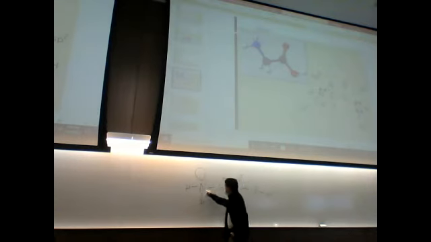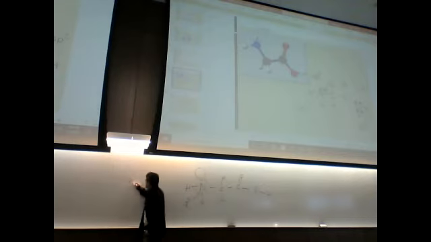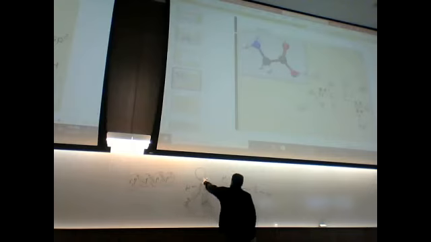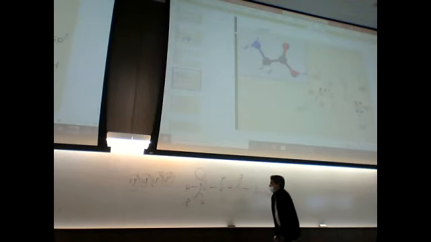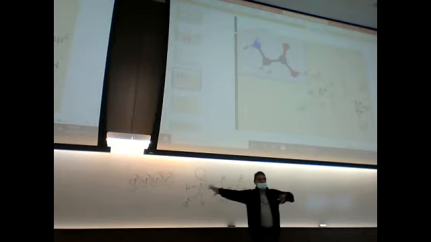Why? Because we have sp3, sp3, sp3, sp3. So we have 4 sp3 hybrid orbitals like that. So nitrogen is sp3 hybridized because it is 4-way connected.